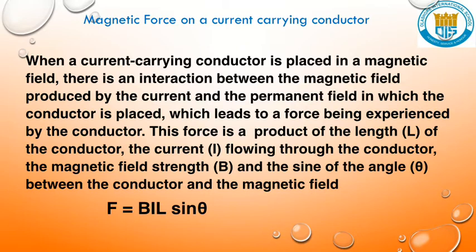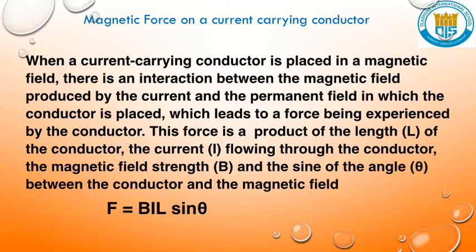So when you bring the conductor to the field of the magnet, you have two magnetic fields that are now interacting. This interaction between these two magnetic fields will lead to a force being experienced by the conductor. That force is because these two magnetic fields interacting with each other will begin to exert some kind of force on that conductor, begin to push or pull or cause that conductor to move in one way or the other.